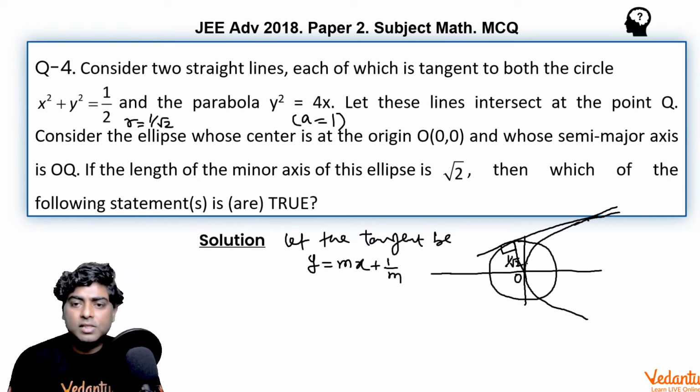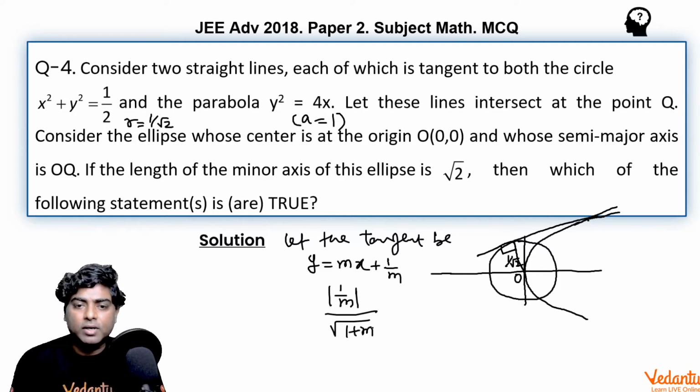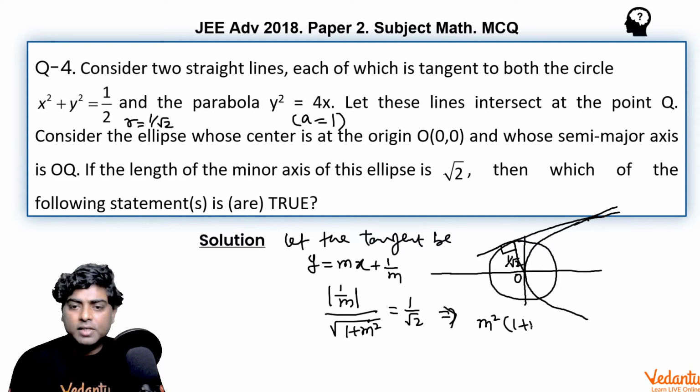So what is the distance of this line from the center 0, 0? It is mod c upon under root 1 plus m square, and that is given to be 1 by root 2. If you square both sides, you get m square into 1 plus m square as 2.